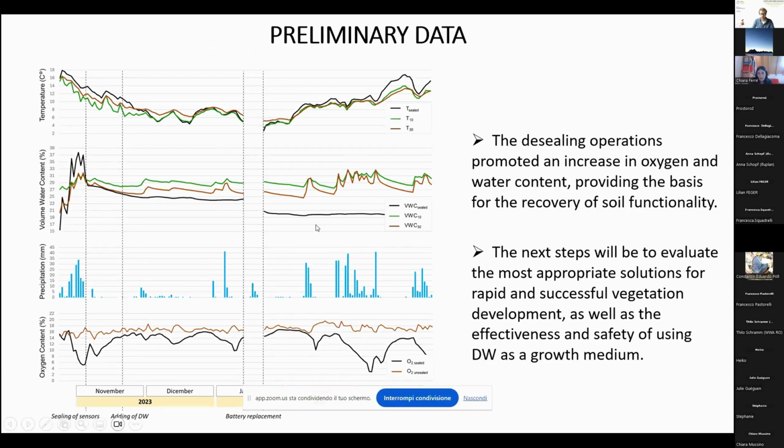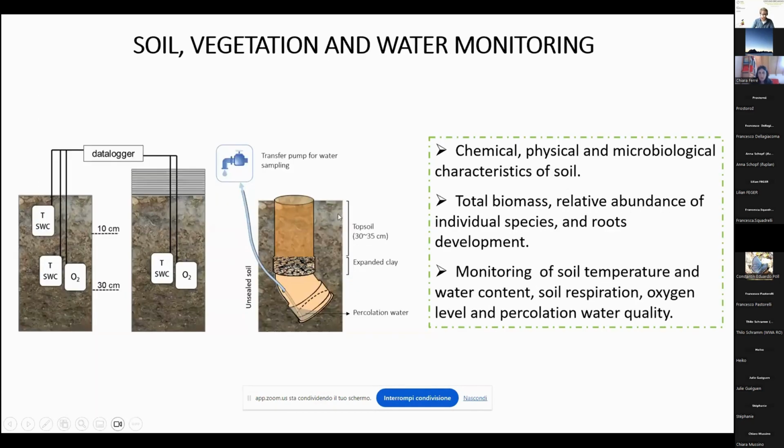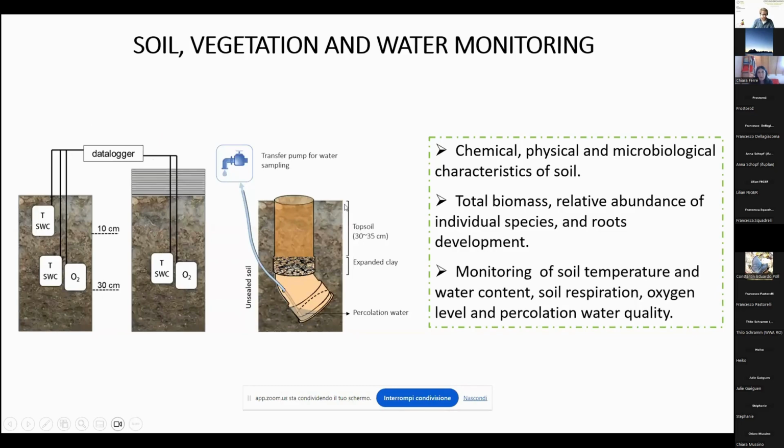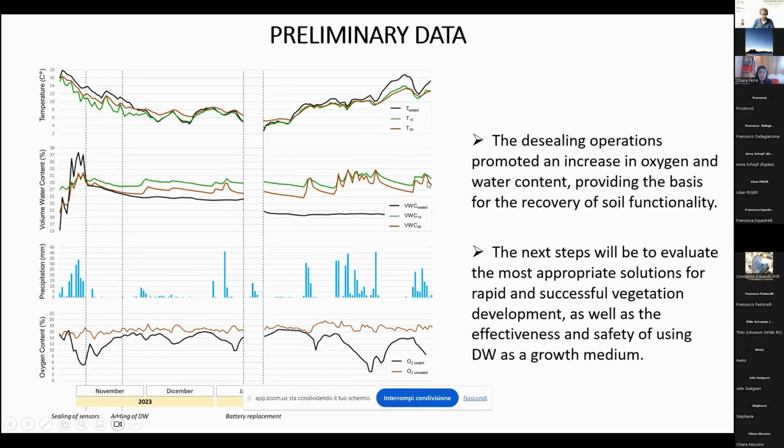I show you this because we compared unsealed soil with sealed soil. In fact, the black line is relative to sealed soil, while the green and brown lines concern the unsealed soil, green for the top soil and brown for the subsoil.